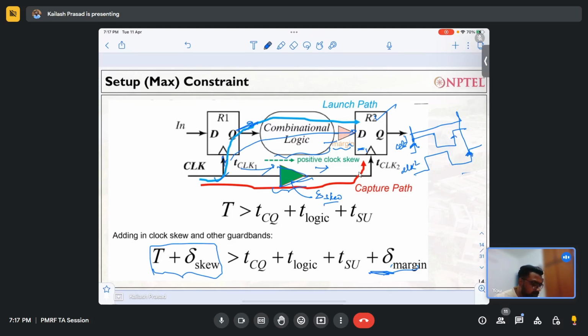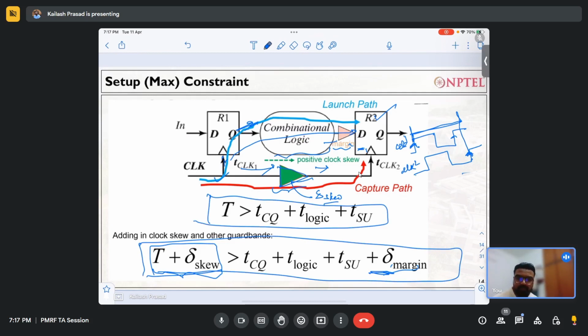So I am latching the data over here, so I have increased time period. How much increased time period? T plus delta skew. This is a very important equation for you, in simplified manner, you should use this equation in all your exams. If you include the non-idealities, you use this particular equation. This is for the setup and max time constraint.